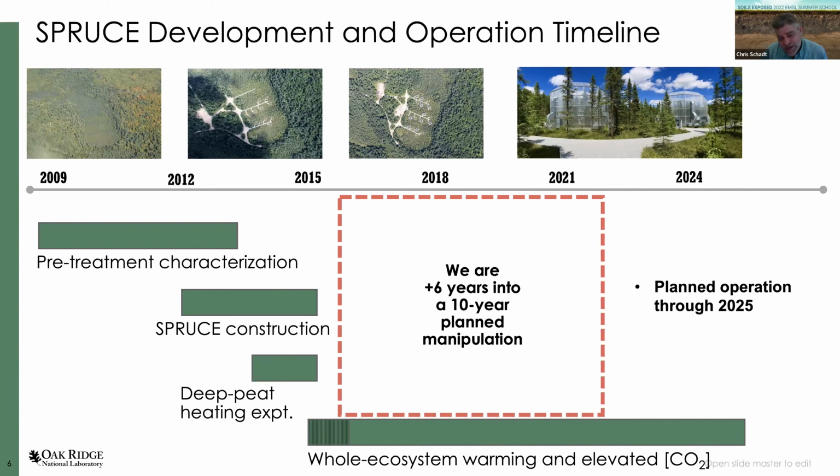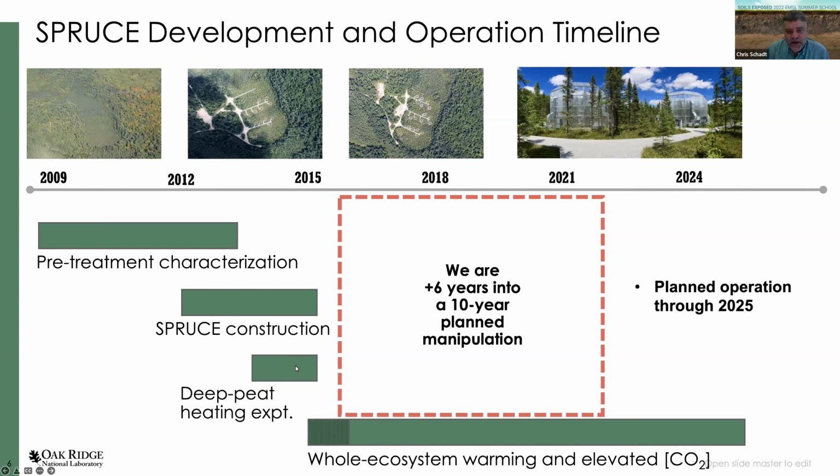Then it was staged in construction after that, such that the below ground infrastructure went in first, beginning in 2013 and 2014. We had a deep peat heating experiment where we were just heating the below ground area, before the chambers were constructed.